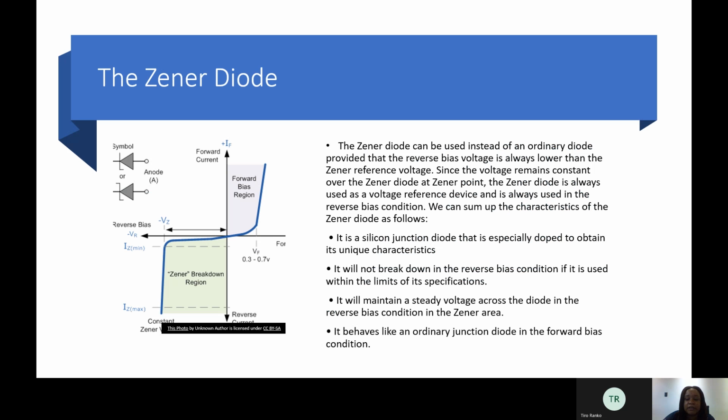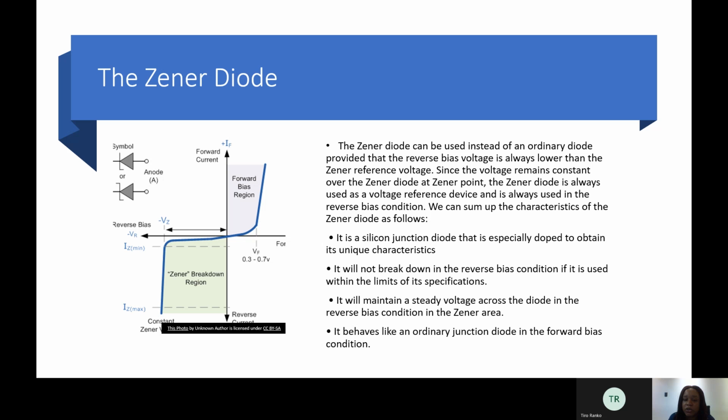We covered all the basic semiconductors, so now we're going to look at the different types of semiconductors we have. We're going to look at the Zener diode and its application. The Zener diode is used for regulation, as a reference voltage component.